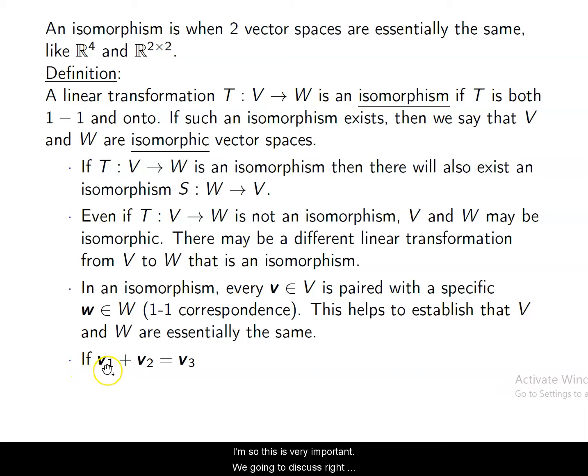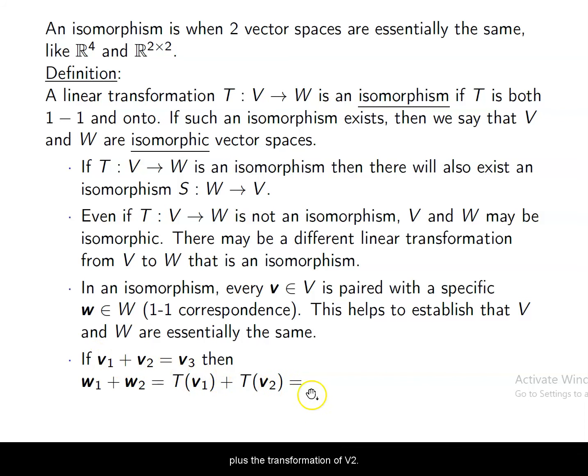So if we have v1 plus v2 being a third vector v3, then w1 plus w2 is going to be the same thing as the transformation of v1 plus the transformation of v2, which we know for linear transformations can be split apart. So the two separate transformations being added to each other is the same as taking the transformation of just the sum of the two individual vectors, right?